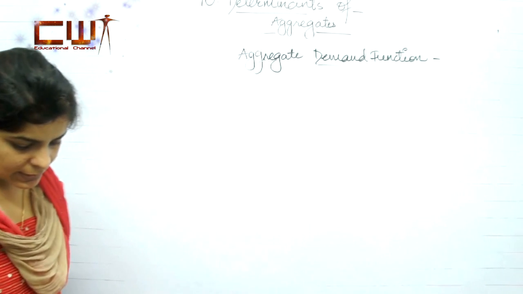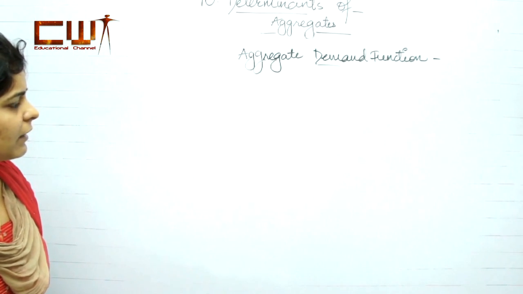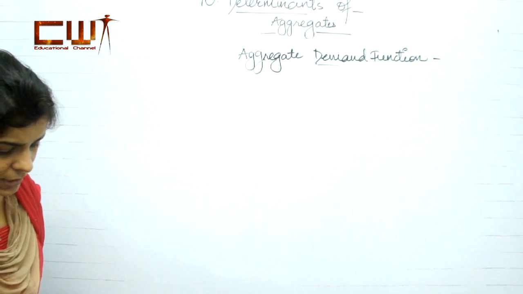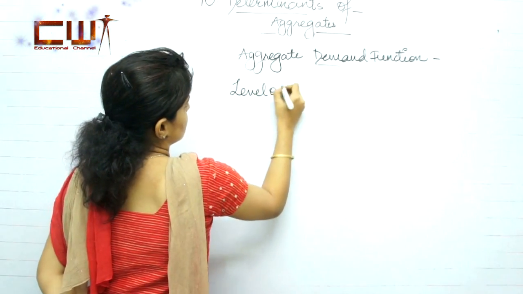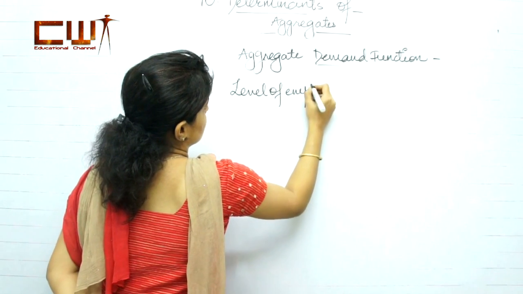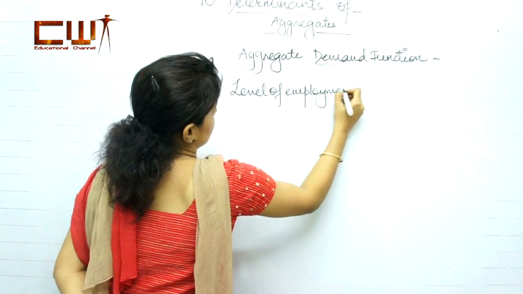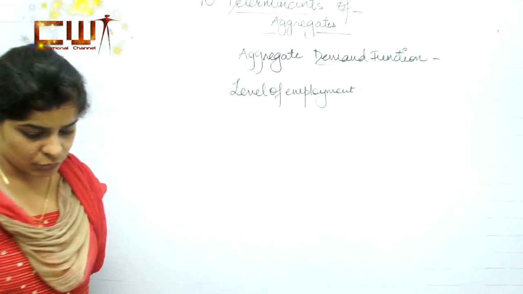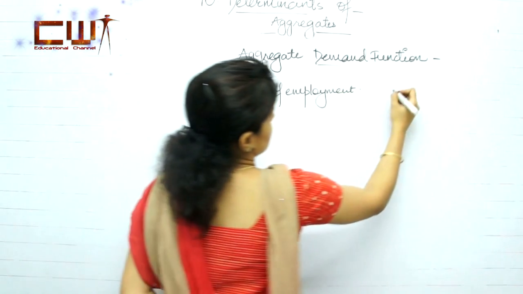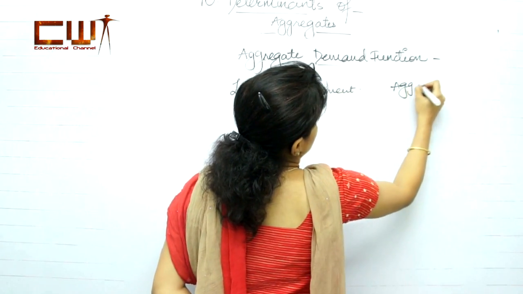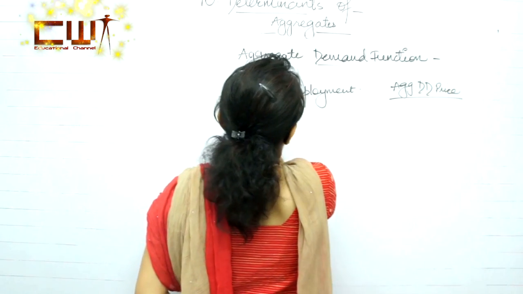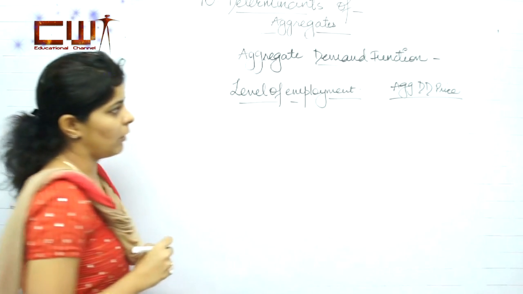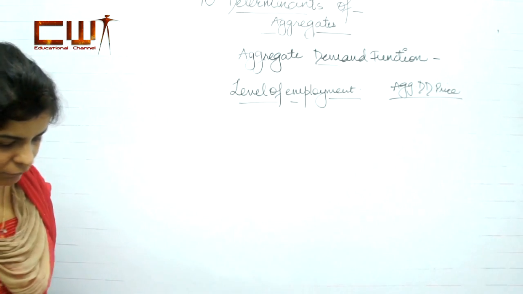You have the level of employment. I will just make the aggregate demand schedule and I will let you know the level of employment and the aggregate demand price. See, you have 10, 15, 20, 25.